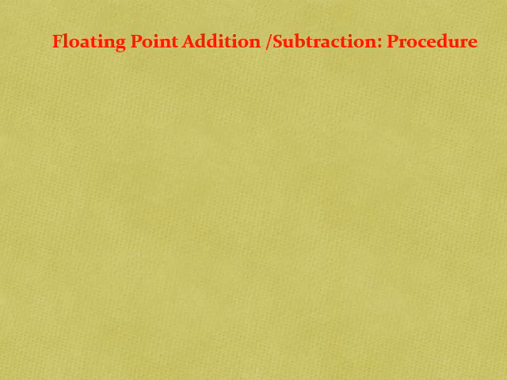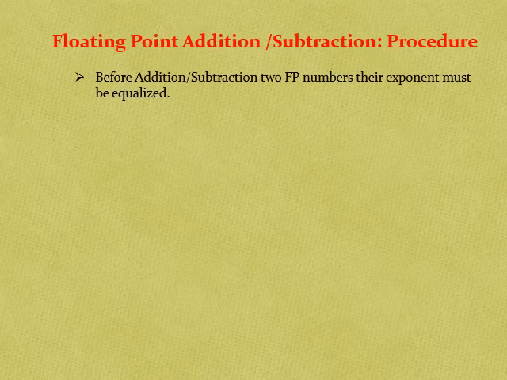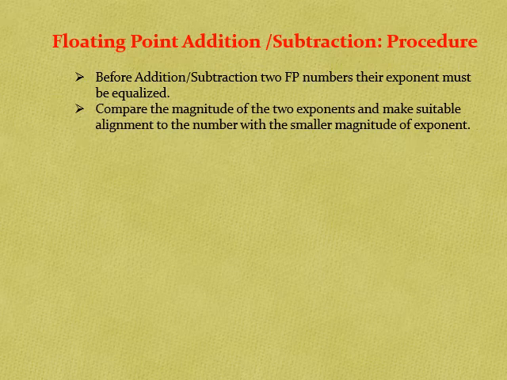So we see the procedure for floating point addition and subtraction. Before addition and subtraction of two floating point numbers, their exponents must be equalized. That means the exponents of the two numbers should be equal. Before addition and subtraction, we have to make sure of this. After that, we compare the magnitudes of the two exponents and make suitable alignment of the number with the smaller exponent magnitude.